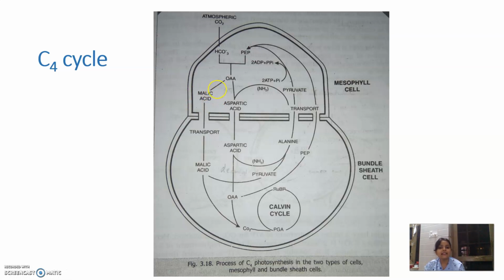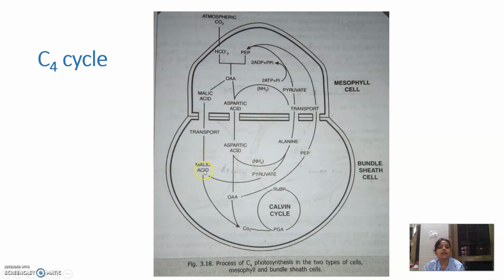This malic acid and aspartic acid gets transported to the bundle sheath cells. Here, the malic acid undergoes decarboxylation, and the aspartic acid gets converted into oxaloacetic acid, and the oxaloacetic acid again undergoes decarboxylation.